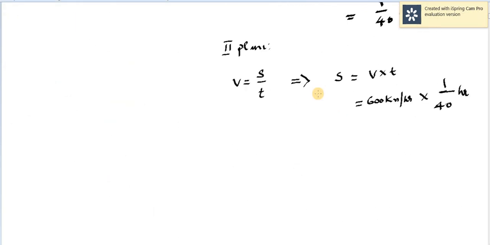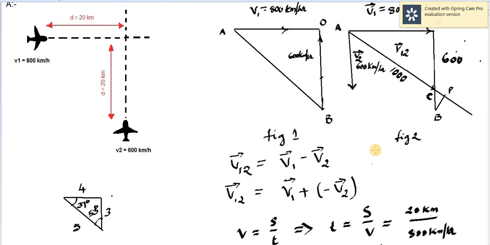So what is the distance travelled by the second plane then? That is equal to, this cancels out, this will be 15 kilometers. So the second plane would have travelled 15 kilometers by the time the first plane reaches the intersection point.